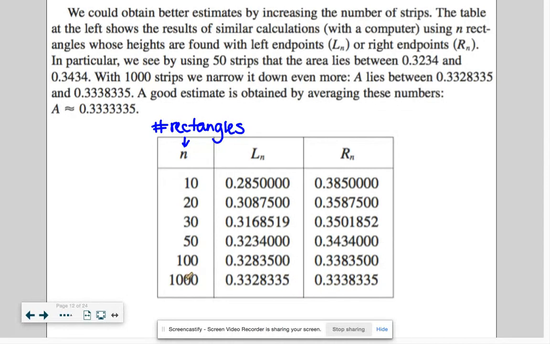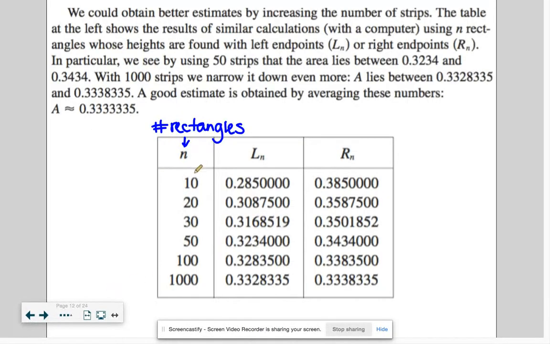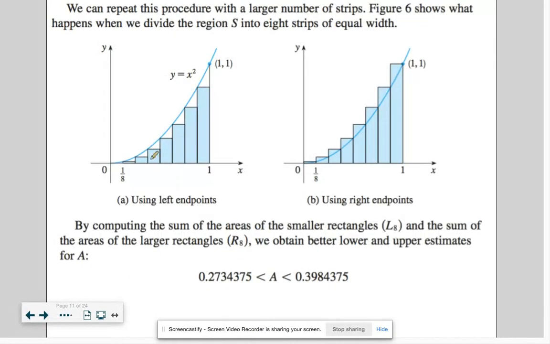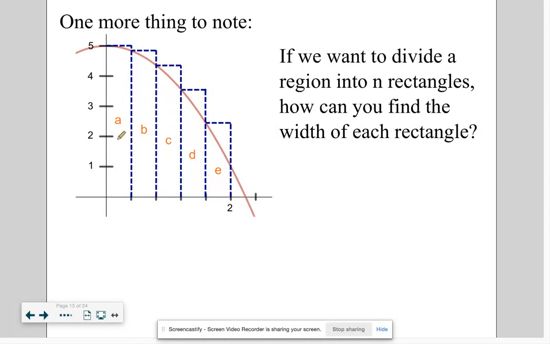But is it practical to draw 1,000 rectangles? Absolutely not. We're not going to be doing that, so don't sweat it, okay? For now, we're just going to work on the basic estimation, a small number of rectangles. And then in the next lesson, we'll discuss how to get a better approximation.